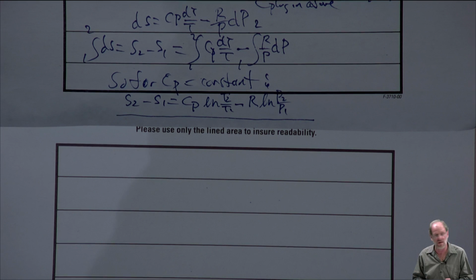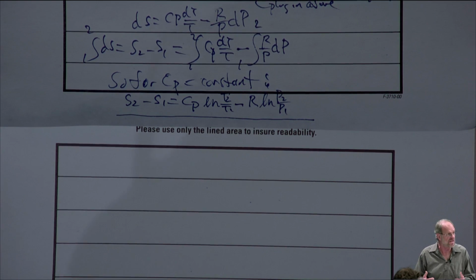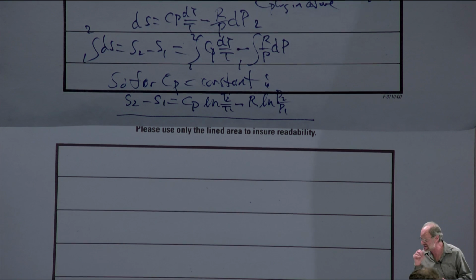But this would also apply to steady flow processes, specifically single stream steady flow processes. Those are the most common types of processes we're going to analyze. Those are the chapter 5 kind of problems. And as such, 1 and 2 will represent inlet and exit conditions.